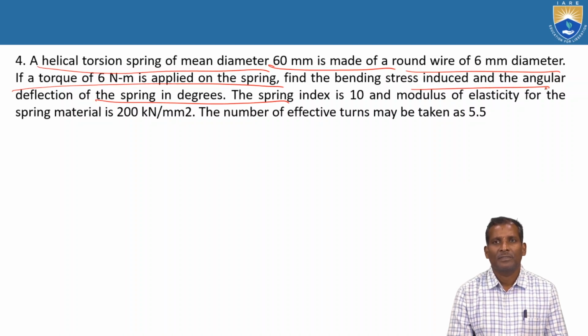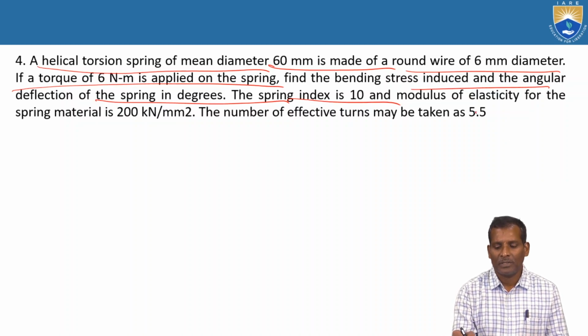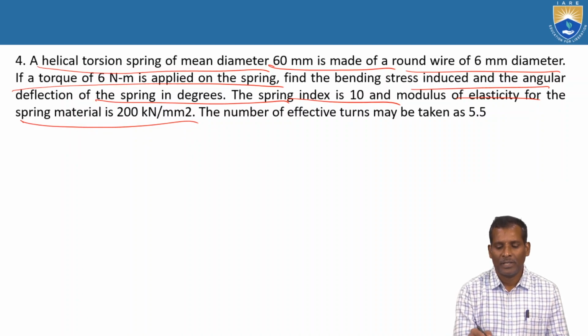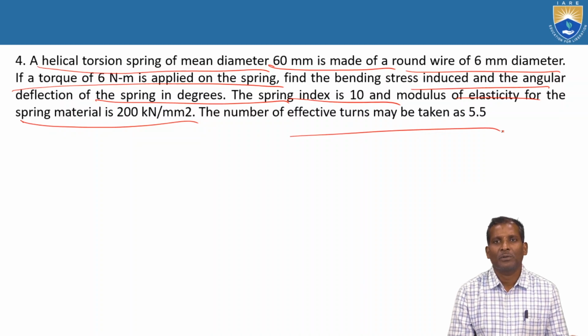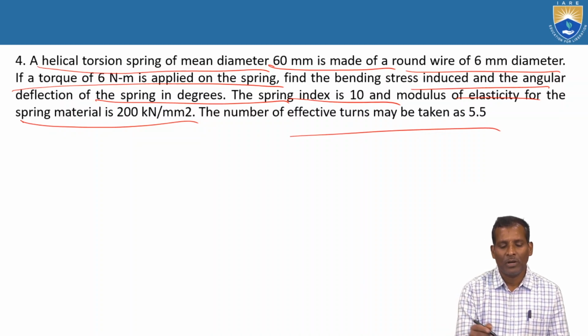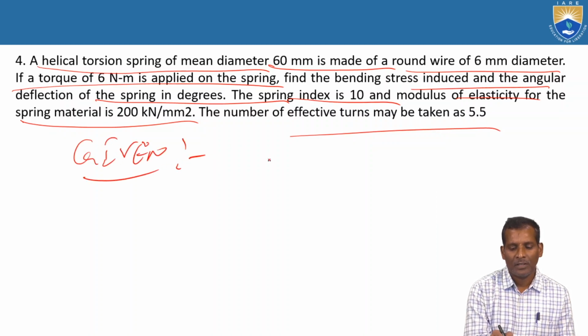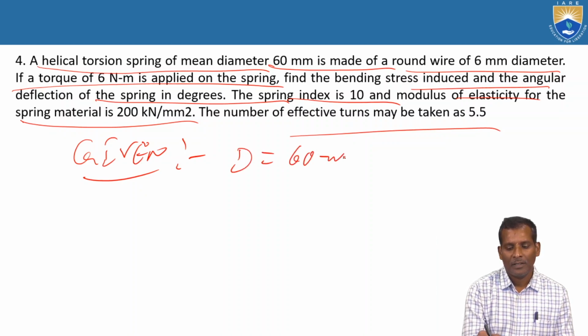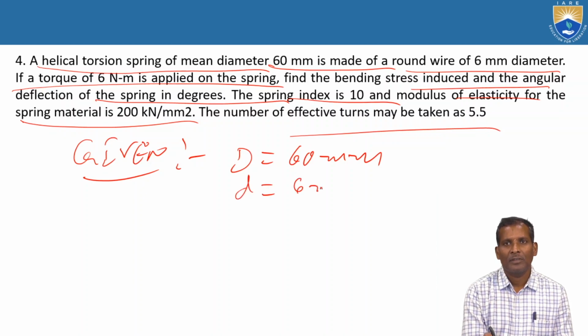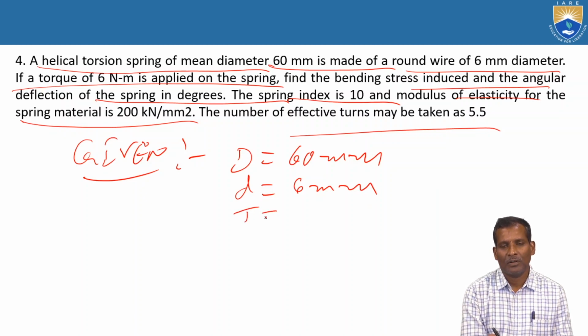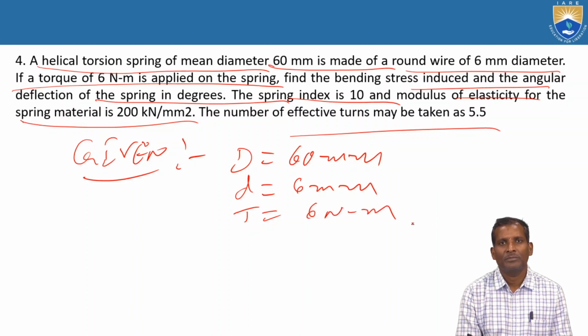The spring index is 10 and the modulus of elasticity for the spring material is 200 kilonewton per mm square. The number of effective turns, that is active turns, may be taken as 5.5. First write down the given data. Capital D is 60 mm and wire diameter small d is 6 mm. The torque is 6 Newton meter.